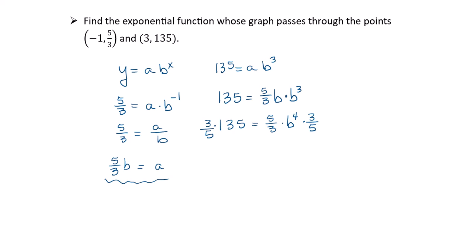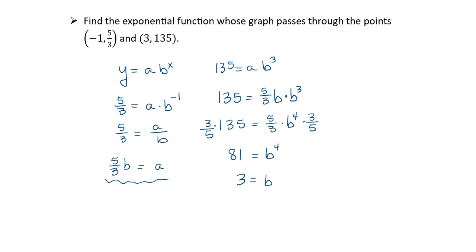Now 135 divided by 5 and then multiplied by 3 gives me 81. 81 equals b to the 4th. Now if I take the 4th root of that, I know b is going to be only the positive 4th root of 81, which is 3.